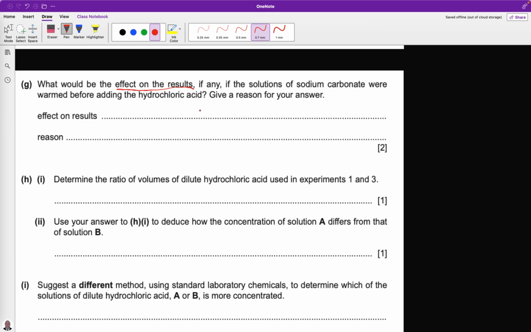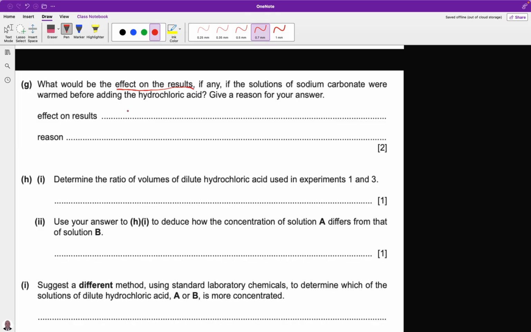Only the number of moles of the base can change the result, and the number of moles can be got from the concentration. Heating it will not change the concentration. Heating will only speed up the rate of the reaction, but will not change the result.